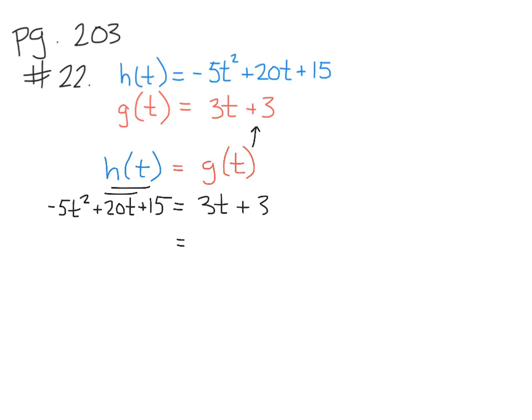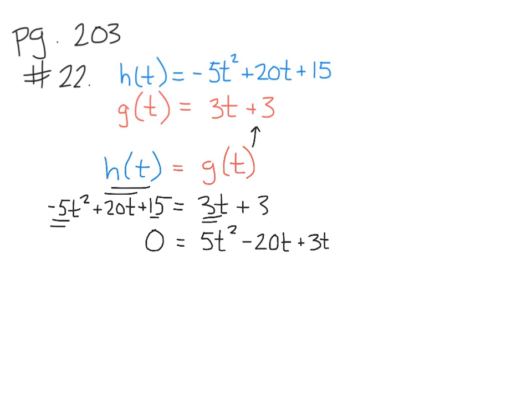So how do I solve something like this? Well, you solve a quadratic by bringing everything to one side equals 0. I'm going to bring everything to the right side so that my negative 5t squared is positive. So if I bring this to the other side, it's going to be positive 5t squared. I'm going to bring the positive 20t to the other side, which will be negative 20t. I still have this positive 3t here.